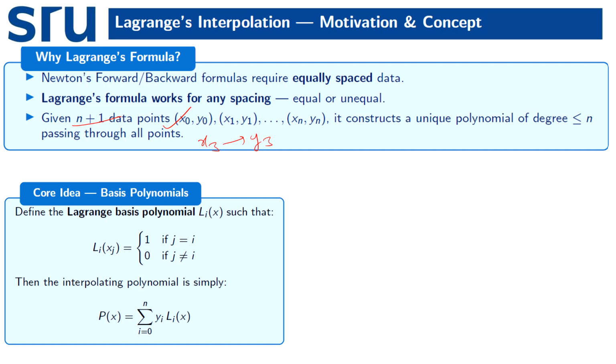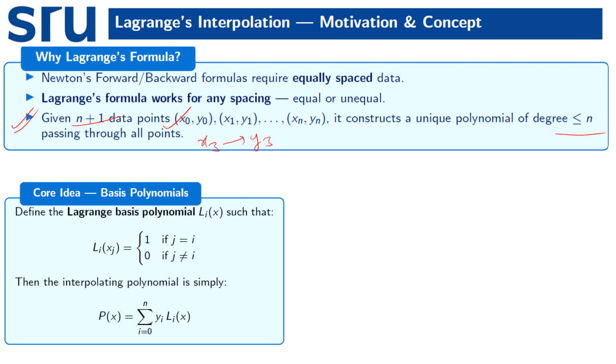So here is a very important theoretical result. The result states that for n plus 1 data points, there exists a unique polynomial of degree less than or equal to n that passes through all these points.